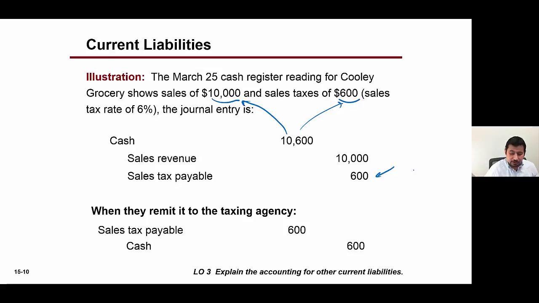Here, as you can see, those two parts more or less cancel each other. It is as if the company only received 10,000 in cash and recognized sales revenue of 10,000. However, the 600 of sales taxes will be channeled through the company to the tax agency.